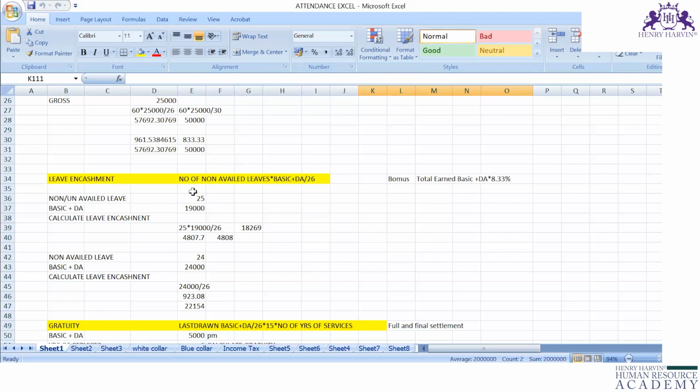The government has given the leave encashment formula as number of non-availed leave into basic plus DA divided by 26. That is the formula the government has given. But the government didn't give any law for casual leave or sick leave or any other leave.